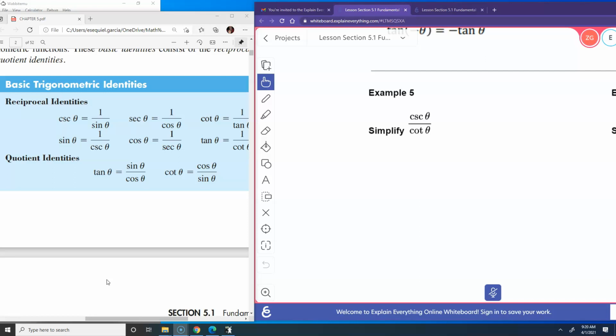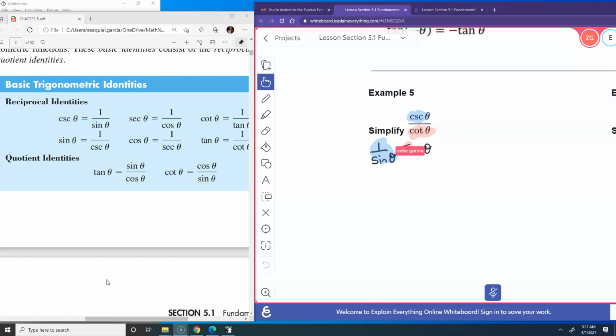Remember that cosecant theta is going to be equal to 1 over sine theta. And I'm going to highlight this in blue, so you know that whatever's in blue is equivalent. So you have 1 over sine theta and cosecant theta are the same. Cotangent theta is 1 over tangent theta.